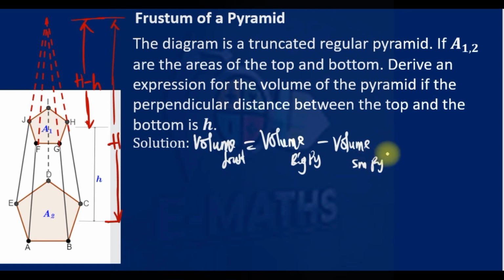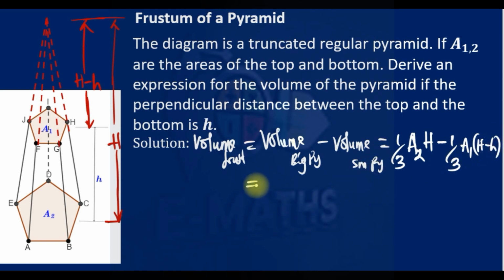For the big one, the base area is A2 and the height is big letter H, while for the small one it is 1/3 base area, which is A1, and height H minus h.